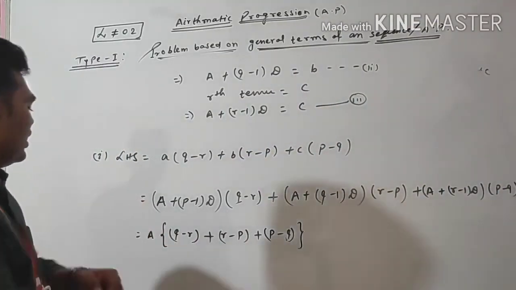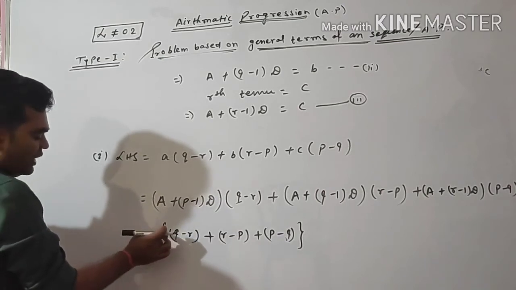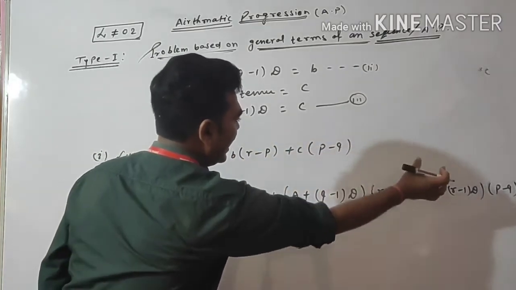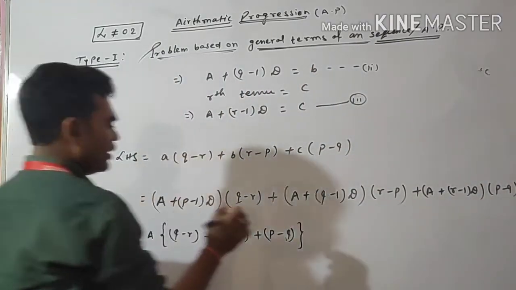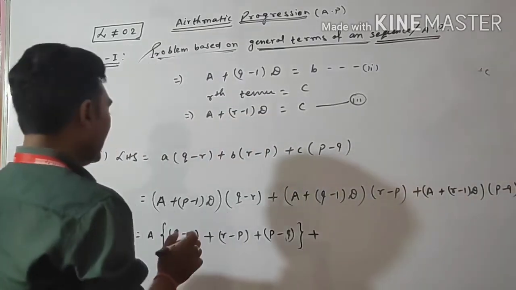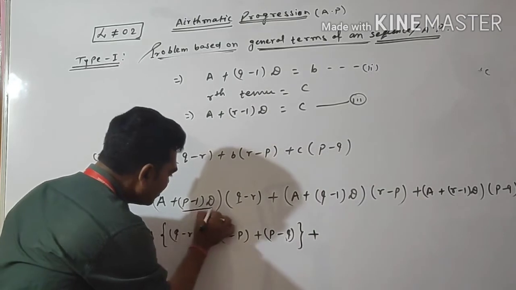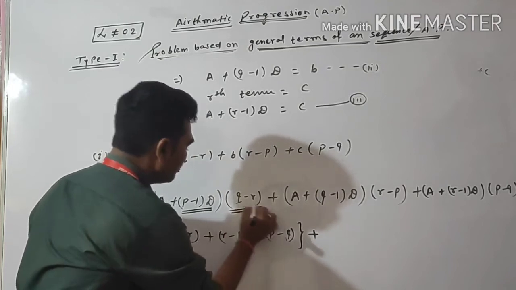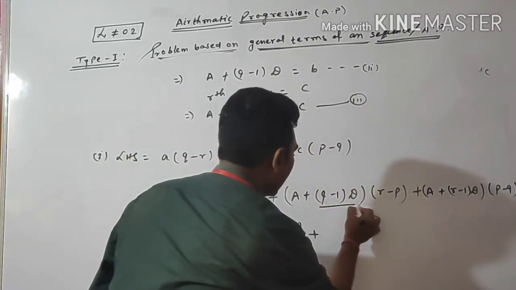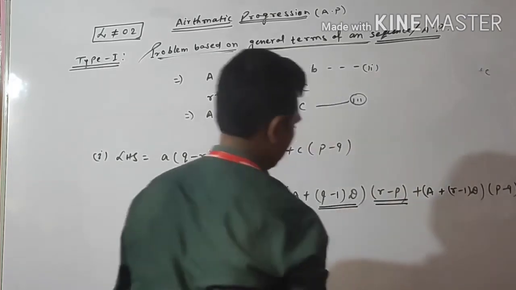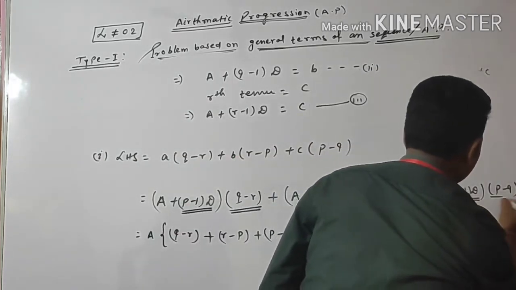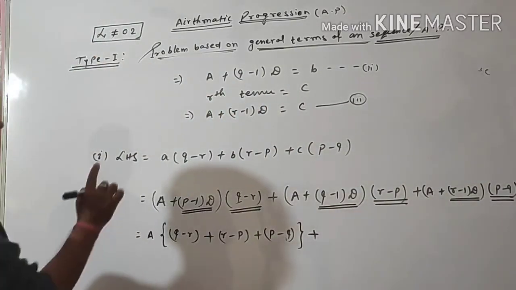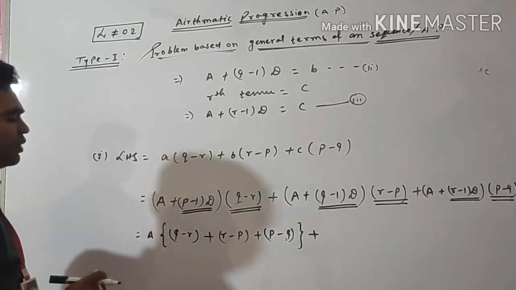Therefore we take A common in q minus r, r minus p and p minus q. Now plus, again the second term in this step: p minus 1 into D into q minus r, again q minus 1 into D, r minus p, and r minus 1 into D, p minus q. Here D is common in each and every term.